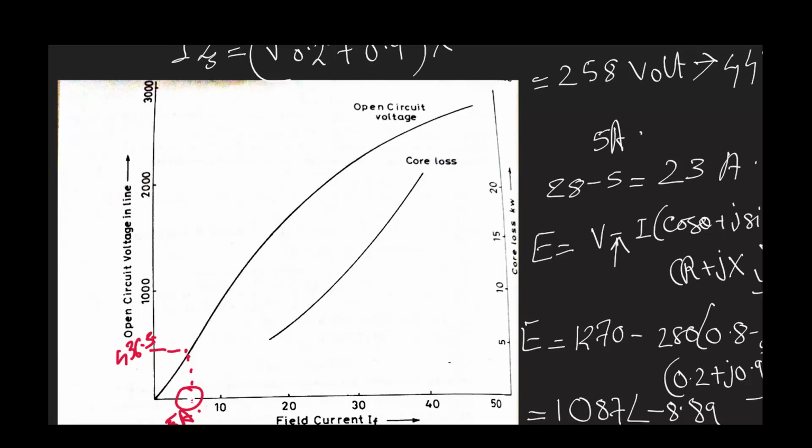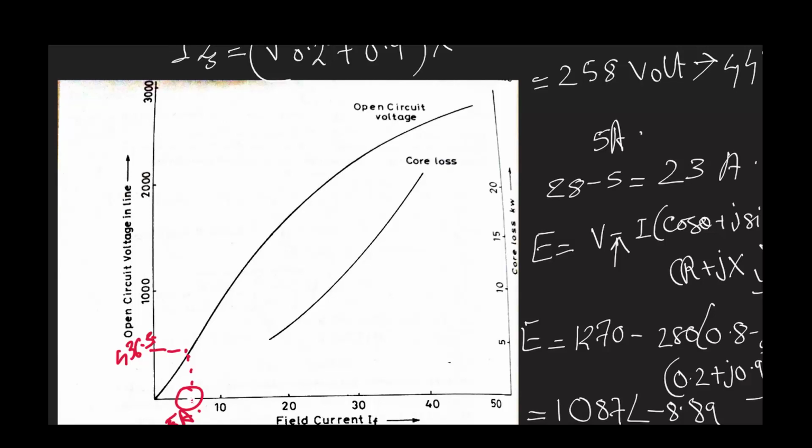That is what we get during open circuit condition when we circulate the required amount of current through our machine for producing the rated open circuit voltage. So what is that rated open circuit voltage? That is 2200, right?